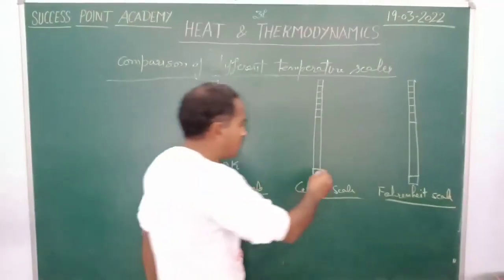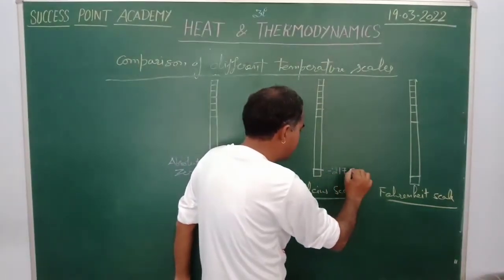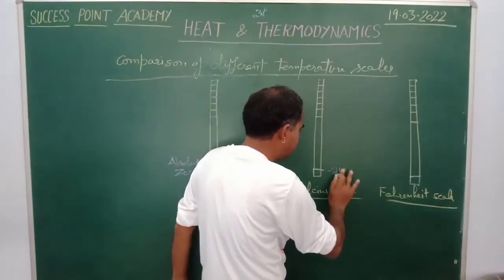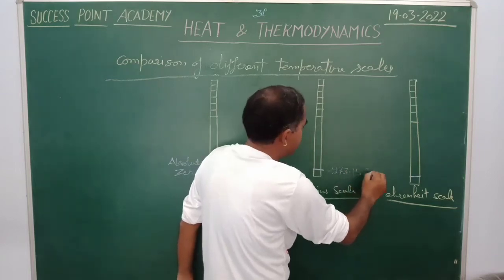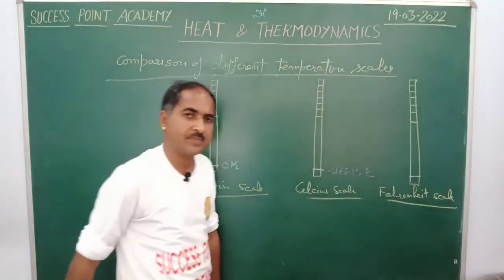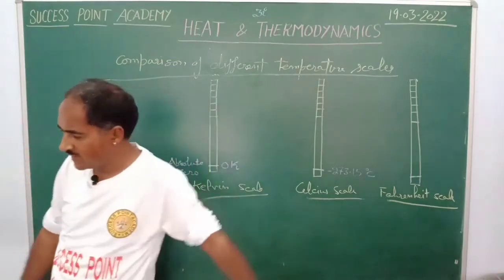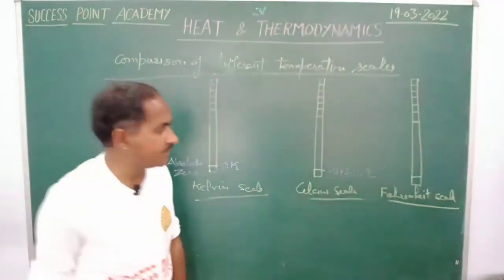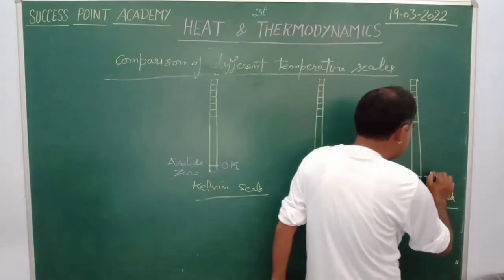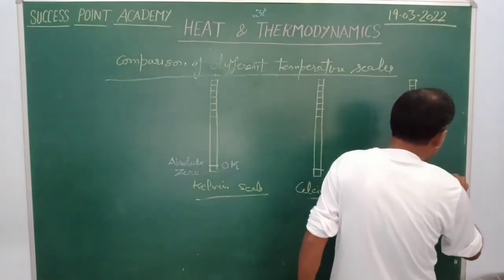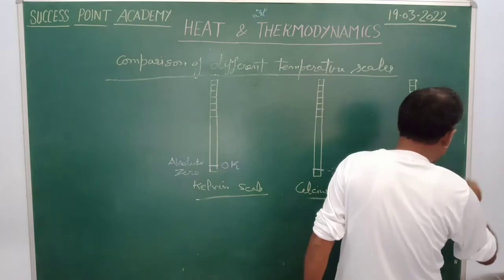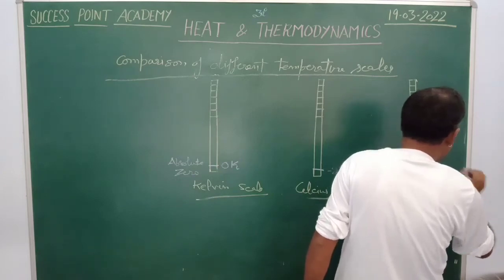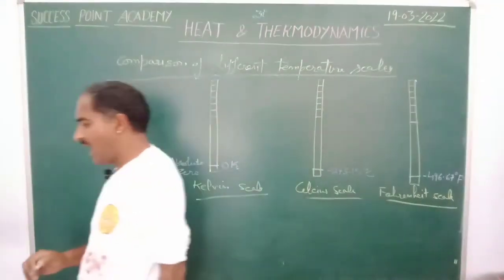Absolute zero is equal to minus 273.15 on the degree Celsius scale. And what should be there on Fahrenheit? Note this, it should be minus 496.67 degree Fahrenheit.